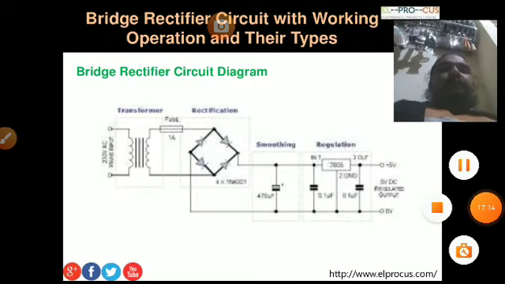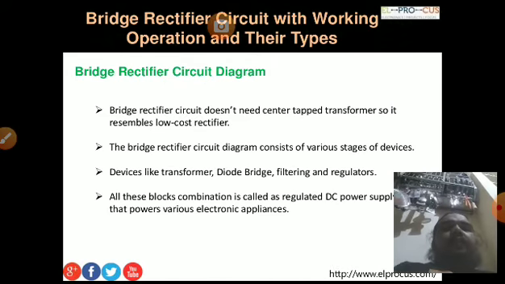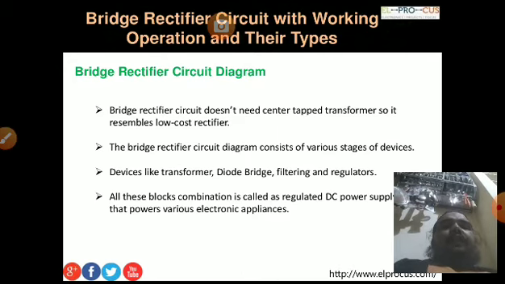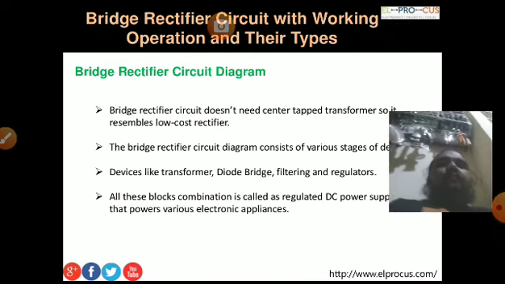Explaining the bridge rectifier circuit diagram and connecting process: a bridge rectifier circuit doesn't need a center tap transformer, so it resembles a lower cost rectifier.